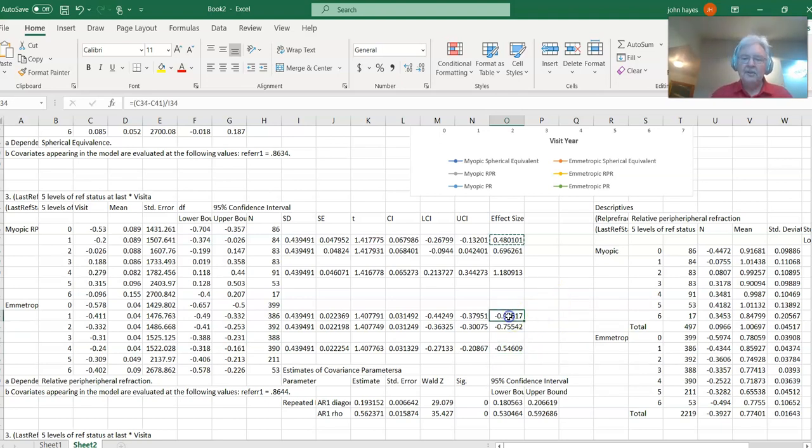Oh, I don't want those. Okay, so you can see we've got a half, 0.7 standard deviation, 1.1. I mean, this is really big differences between the relative refraction in those two. And that's it. Long tape.